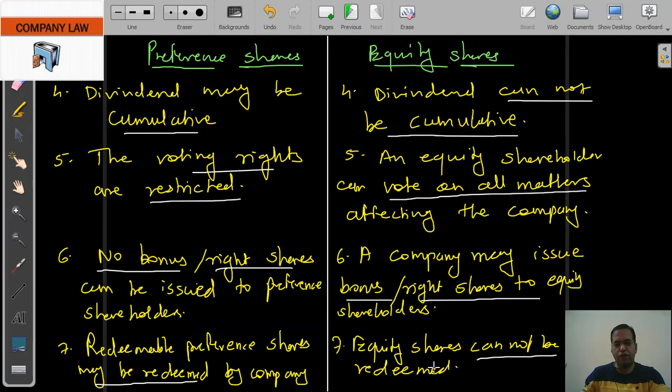Yes, here; cannot be redeemed here. Okay, so these are the important points of differences we have addressed. So here we have completed the topic of types of share capital: equity shares and preference shares. If the question is asked for short notes, difference between, or even a full length question, you should be in a proper position to explain it very well.